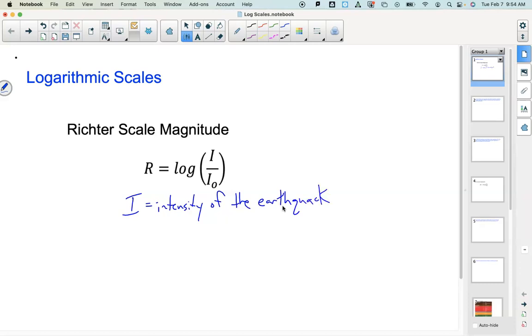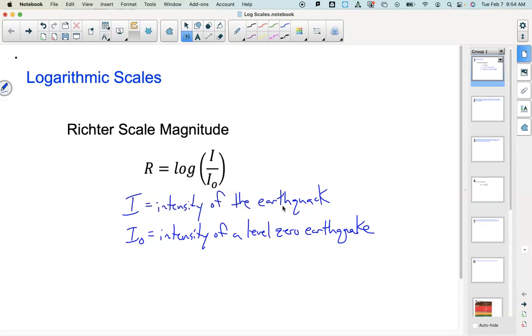I sub 0 is the intensity of a level 0 earthquake. So what we're doing is we're taking the log of how many more times intense this earthquake is.